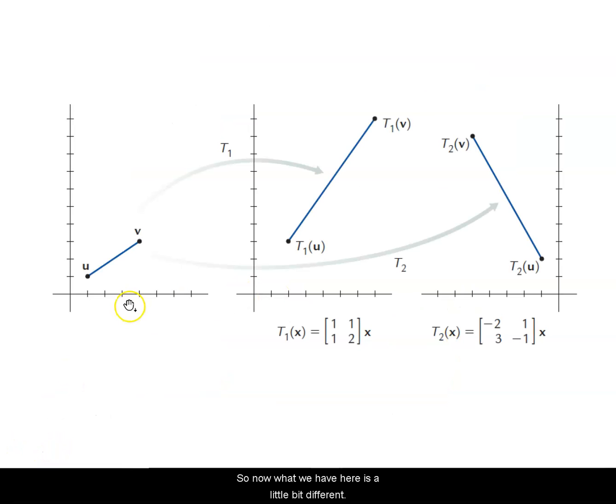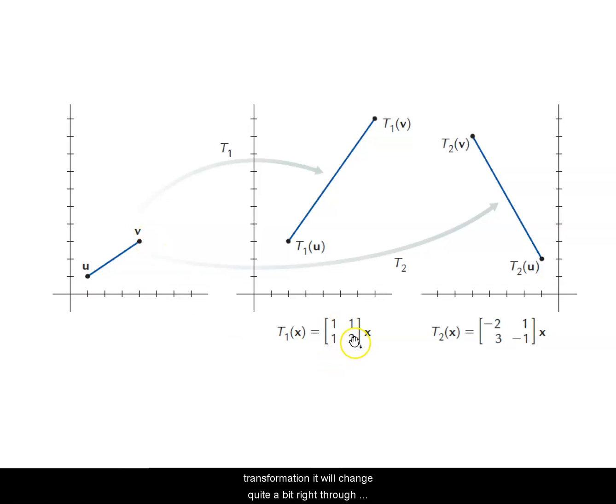Okay, so now what we have here is a little bit different sort of image to interpret. You can interpret it two ways. You can think about this UV as a single vector, right, and shift it to be down here. So this one vector has a length in the x direction of 1, 2, 3, and it goes 1, 2 up. So this would be 3, 2.